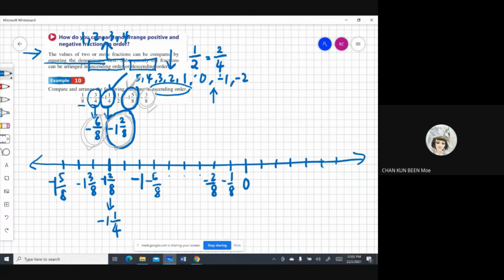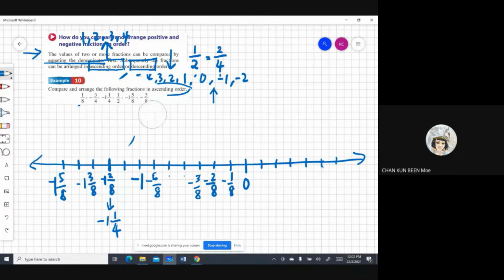I'm going to circle the ones that we have done. And then we have the last one, negative 3 over 8, is here. We have done the negative 3 over 4, which is equal to negative 6 over 8.